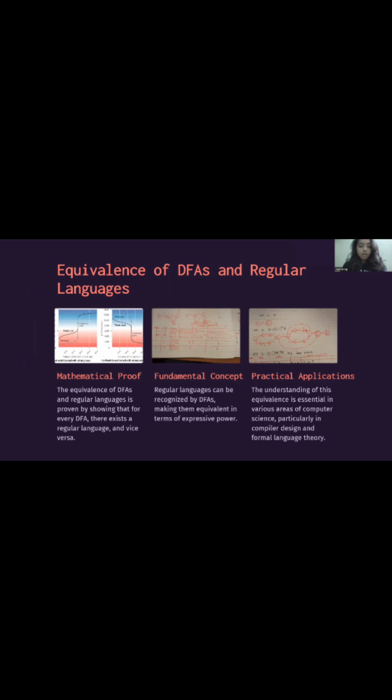A regular language can be recognized by a DFA, making them equivalent in terms of expressive power. Practical application. Understanding this equivalence is essential in various areas of computer science, particularly in compiler design and formal language theory.